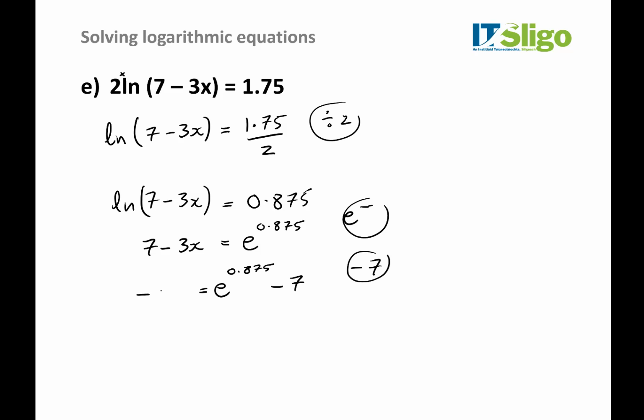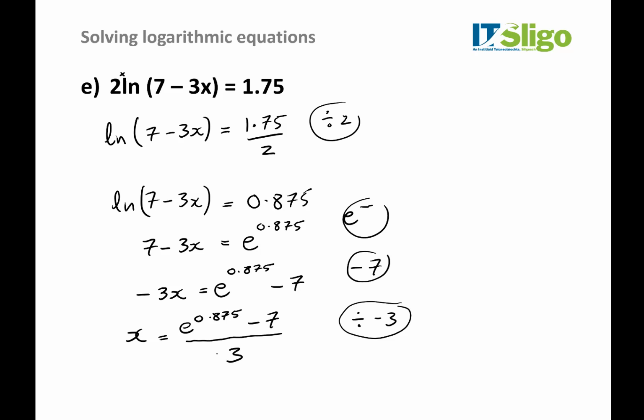Now this is minus 3x. And finally, I want to get x on its own. Now you can move the minus across in one go, but I'm going to just divide both sides by minus 3. So we now get x is equal to e to the power of 0.875 minus 7, all divided by 3.